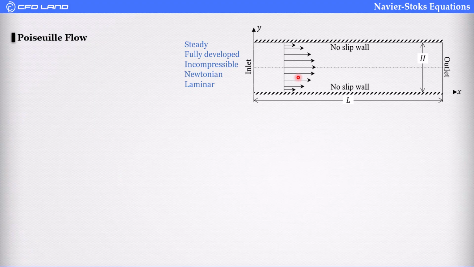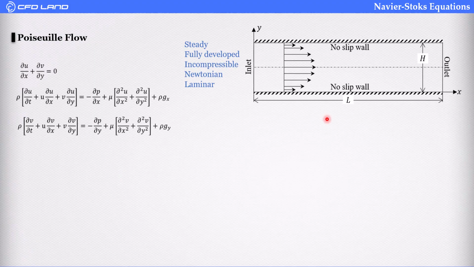So this flow is similar to a flow in a pipe, or like in our blood vessels. It is pressure induced. Couette flow is viscosity-induced flow, while Poiseuille flow is pressure-induced.